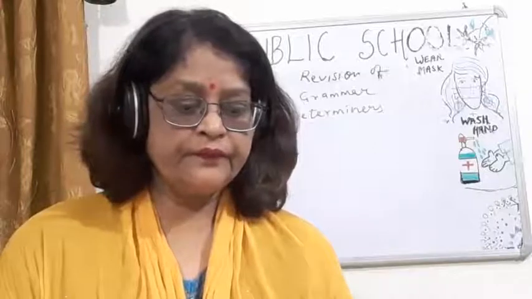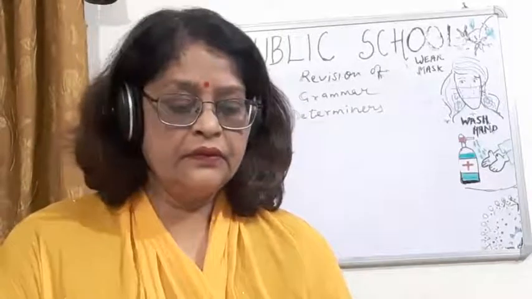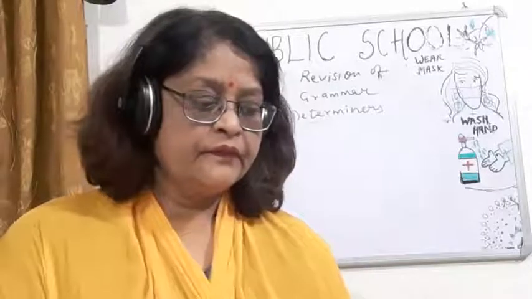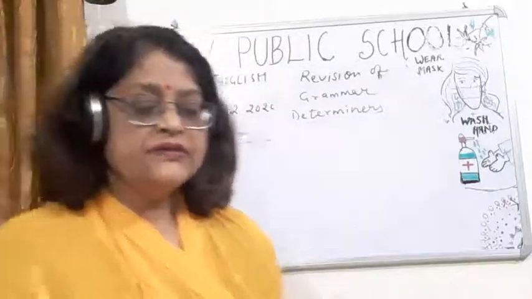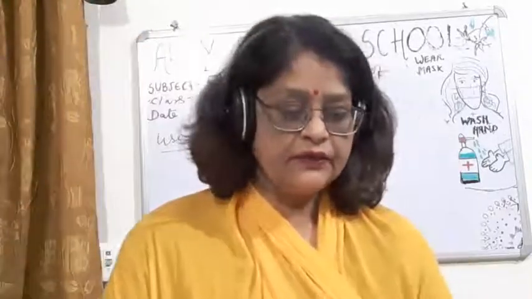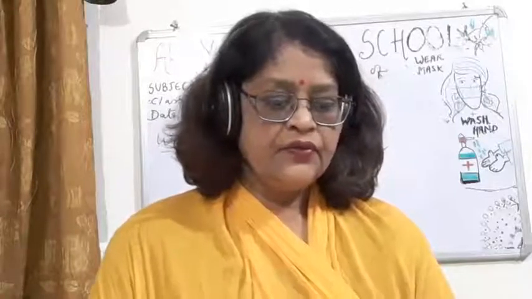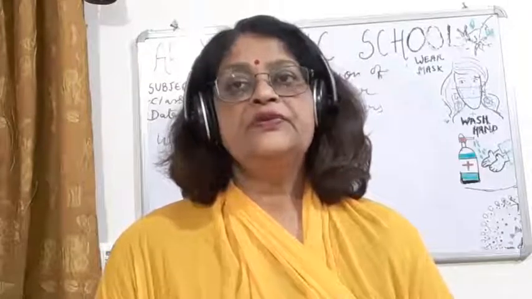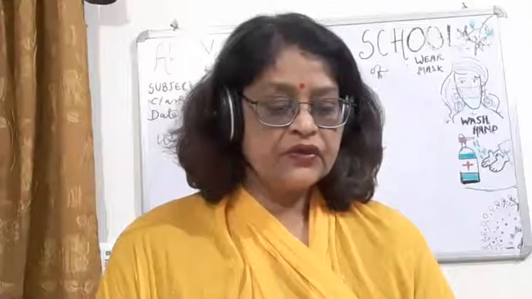So first of all, children, I told you it's a definite article. When it refers to a particular person, it is used with a particular person. The is used with a particular class or group.